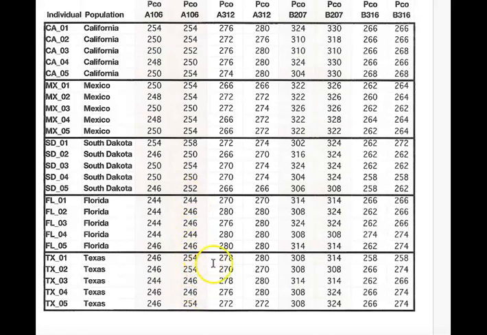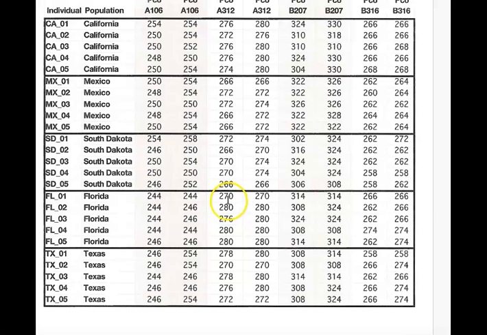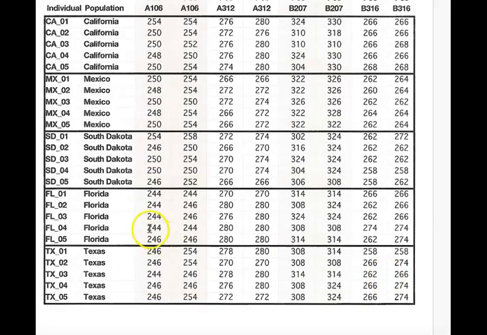There's a couple of 254s down here. Your A312, one allele is like 270s to 280s. Here, 270s to 280s. Here, B207 is in the 300s. And then again, 316 is in the 250s to 270s. So these two are the most alike when you're comparing the chromosomes.